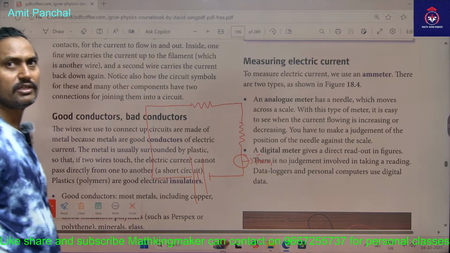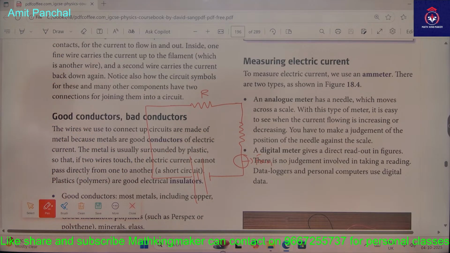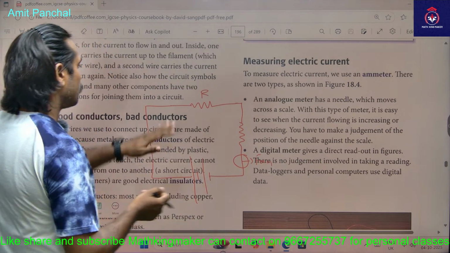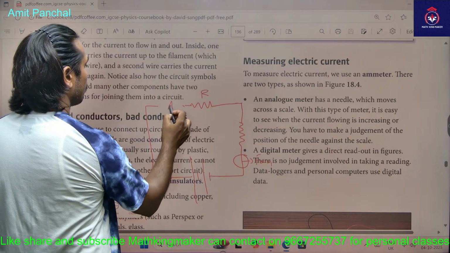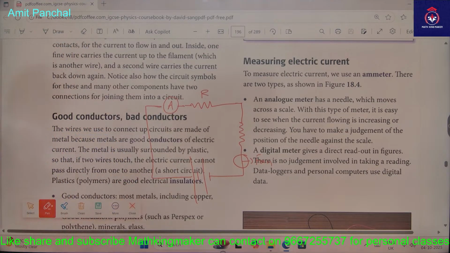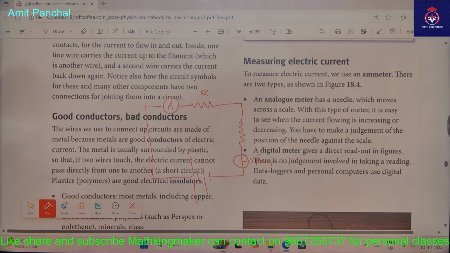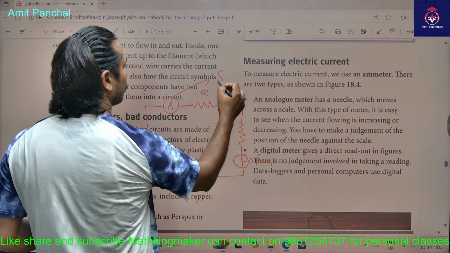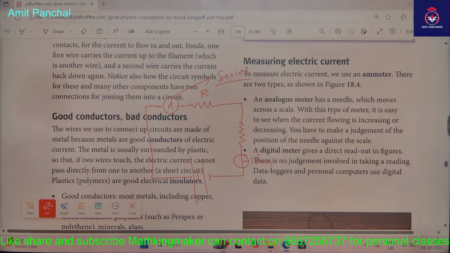If you want to measure current into this resistance, your ammeter has two wires. You just have to break that circuit and connect the ammeter here. Whatever current is flowing into this resistance will be shown on the ammeter. So an ammeter is always connected in series. Just write down, it is always connected in series.